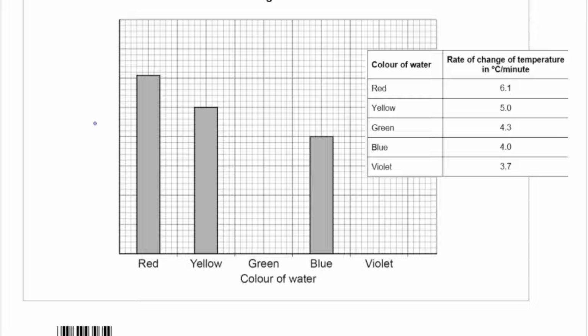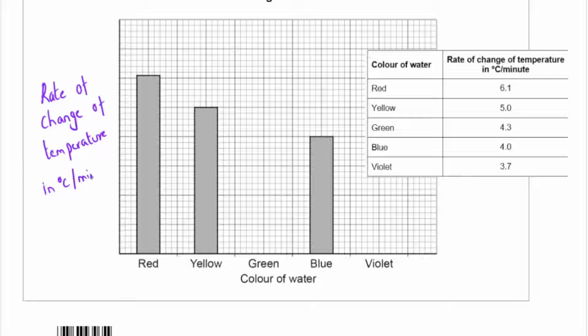So here you would label this as rate of change of temperature in degrees Celsius per minute. You would simply copy that. You don't call it y-axis and x-axis, but I'm just labeling that for clarity.